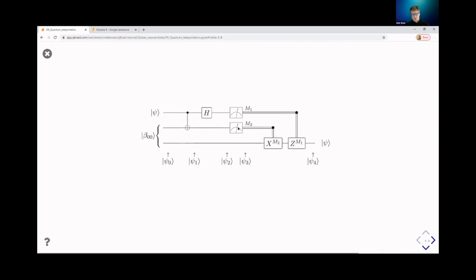When we measured, we affected Bob's qubit, so that now the state has collapsed to just two superpositions, and the alpha and the beta are now part of Bob's qubit state. Okay.